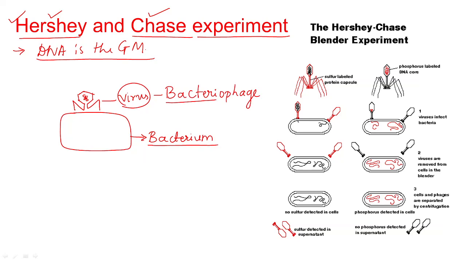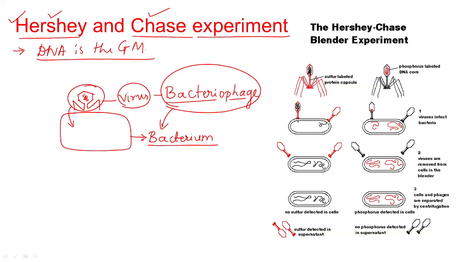The attack of a bacteriophage on a particular bacterium was studied first properly by Hershey and Chase. During this study, what they observed is that the virus particle will not enter into the cell completely to cause the infection.